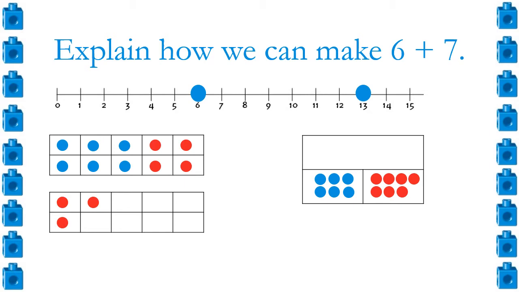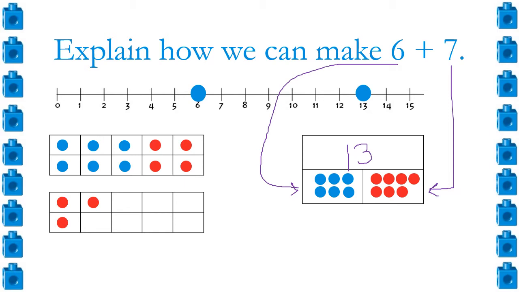And we know our parts from the original problem. We know we have 6, that's one part, and we know that 7 is the other part. And we can just count everything up, starting from 1. It'll take a little longer, but we'll still get there, and we'll figure out that 6 plus 7 is 13.